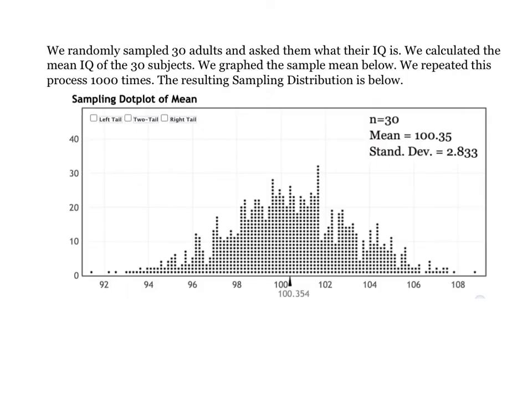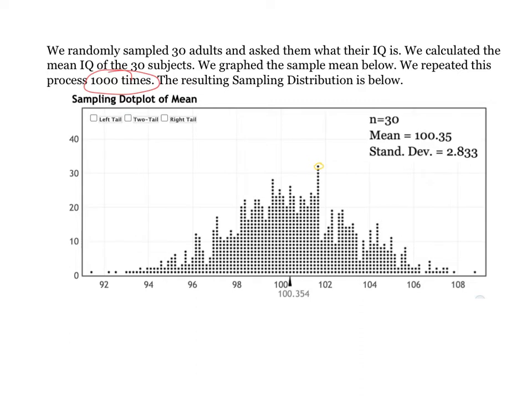So here's an example. We randomly sampled 30 adults and asked them what their IQ is. We calculated the mean IQ of the 30 subjects, and then we graphed the sample mean below. So doing that one time would represent one of these dots. We repeated this process 1,000 times, which means there are 1,000 dots on this picture.